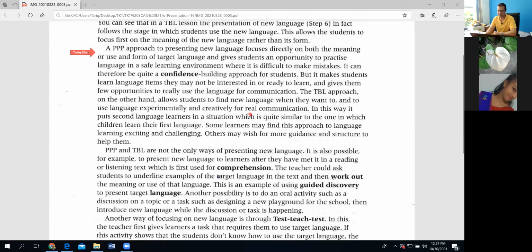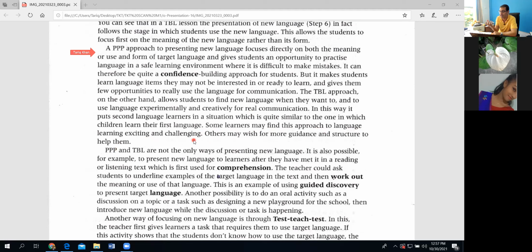Some learners may find this approach to language learning exciting and challenging. Why? Exciting and challenging because they are communicating, then they utilize the whole vocabulary and whatever they know, and that has come into practical use. So they are excited and it's challenging for them also.